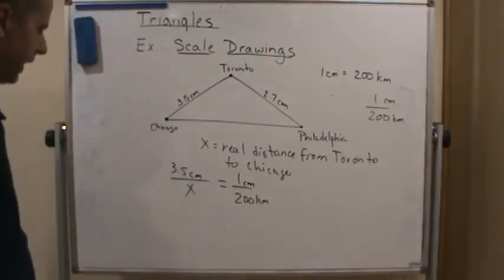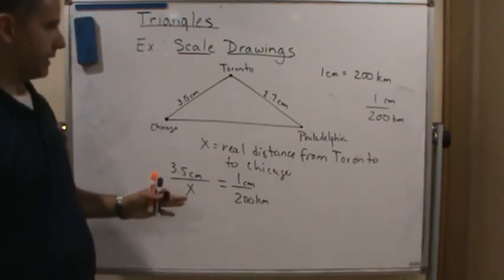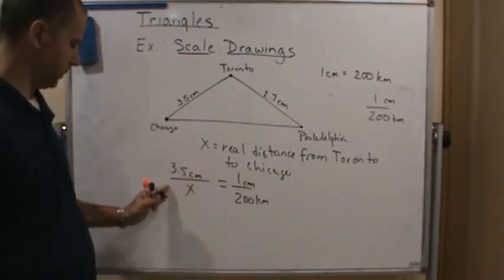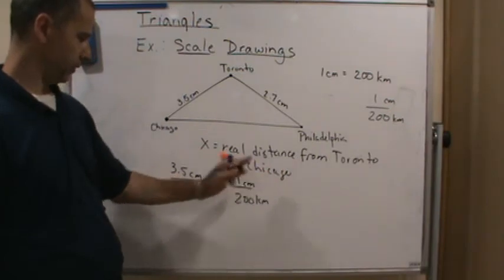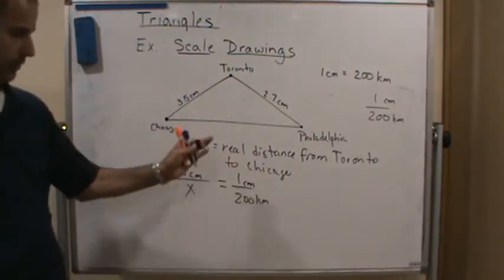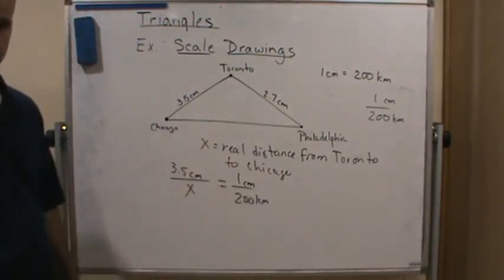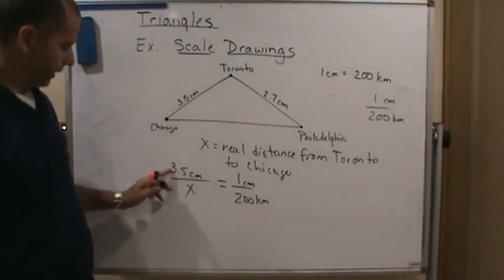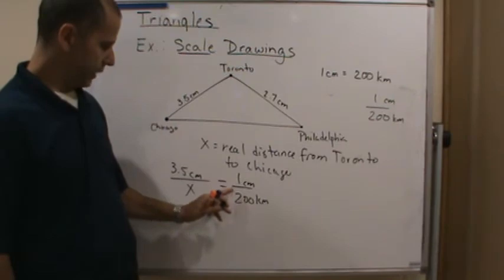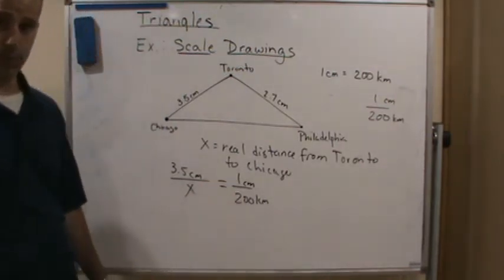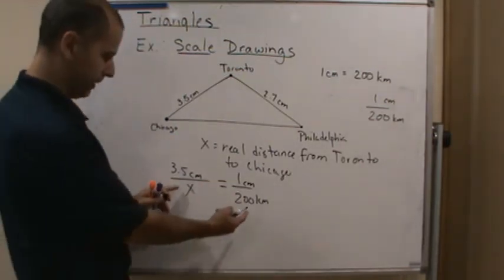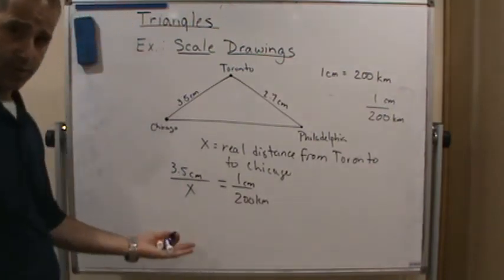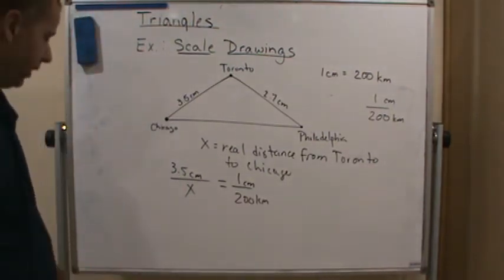Now instead of what I did last time, multiplying both sides by x, then multiplying both sides by 200 and dividing by 1 centimeter, what I can do is flip this fraction. As long as I flip both fractions, they're still going to be the same. You see that?